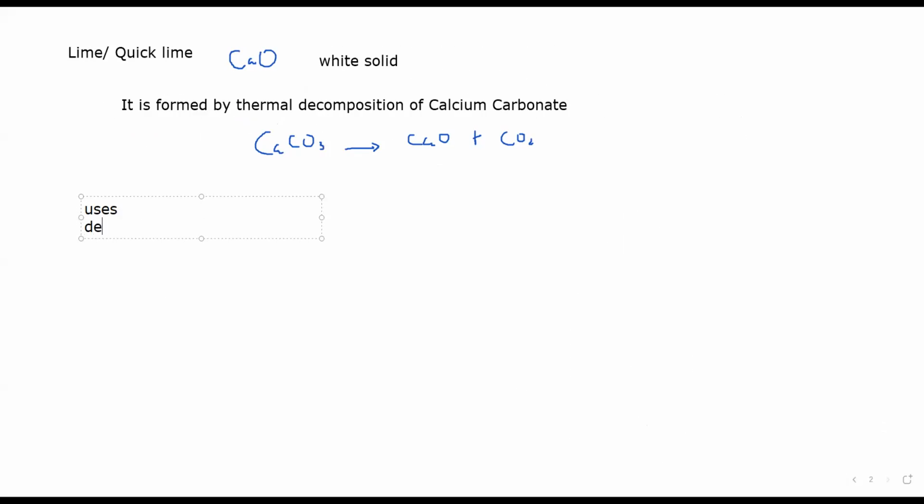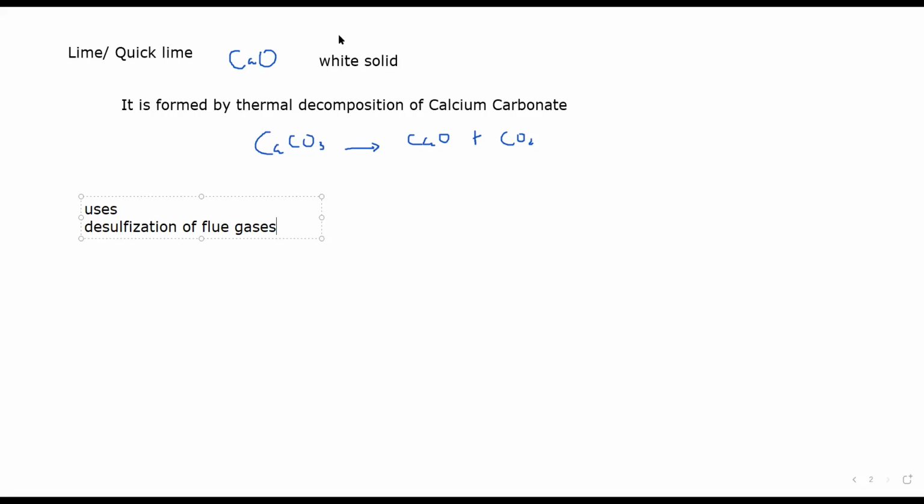It can be used for desulfurization of flue gases. Desulfurization means removing the sulfur.